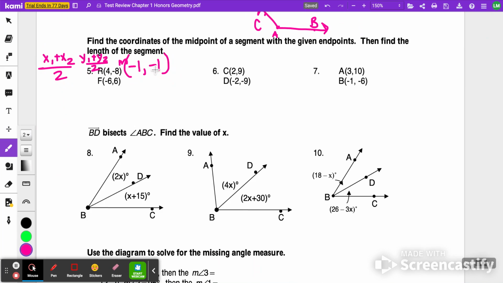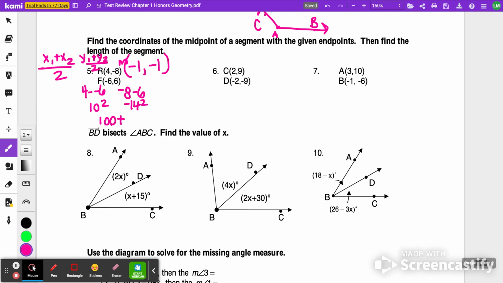And then to find the length of your segment, you're also going to practice the distance formula. So remember that distance formula is your change in x squared. So let's go and do that first. I'm going to do 4 minus -6, which is 10. And then we have 10 squared, which is 100, plus -8 minus 6, that's -14 squared.